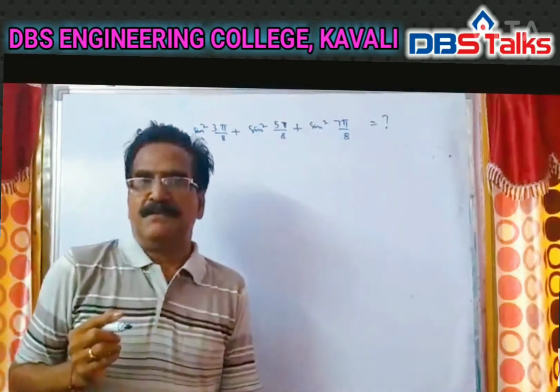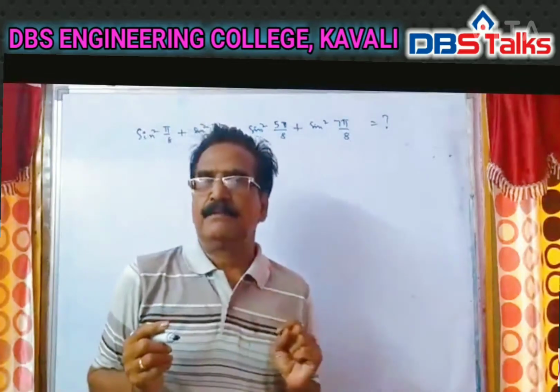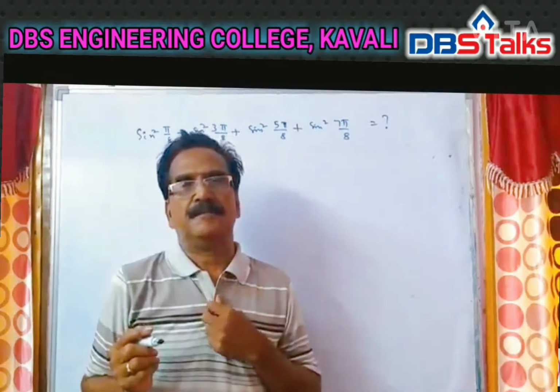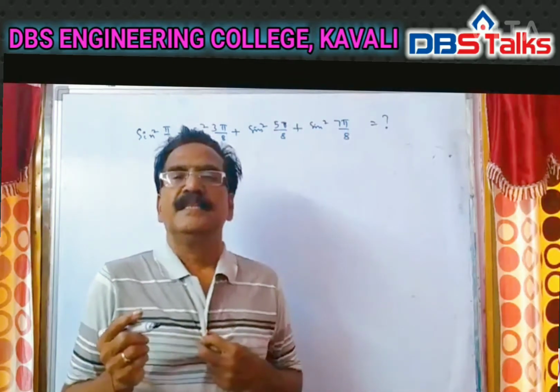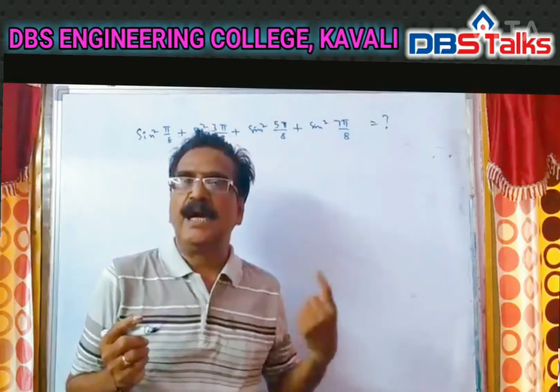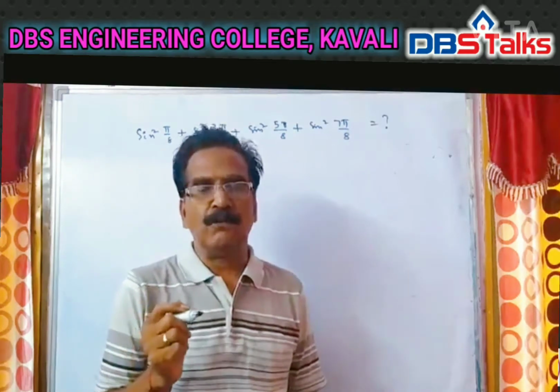See, odd terms 1, 3, 5, 7. If it is given like this, of course it is a standard answer. Still, let us see how this problem can be solved.